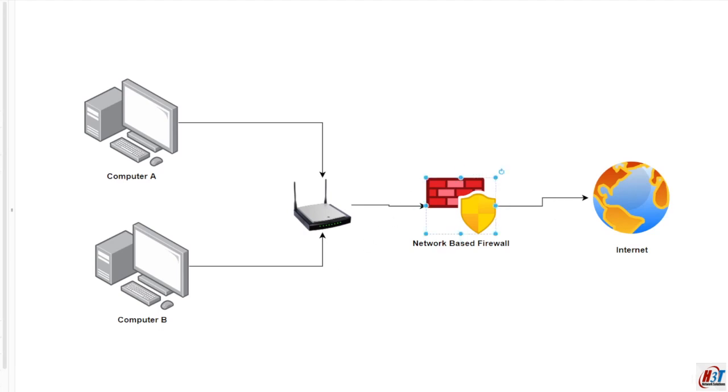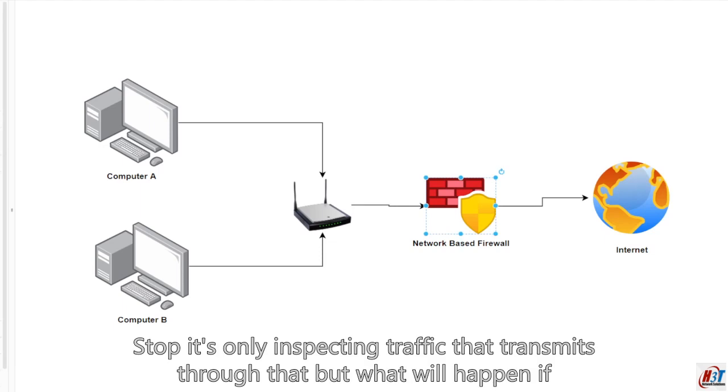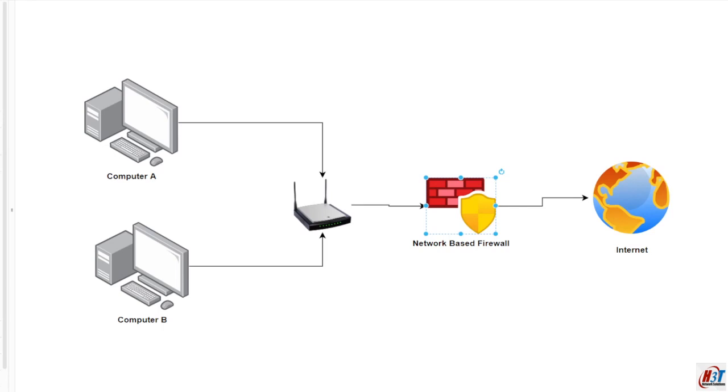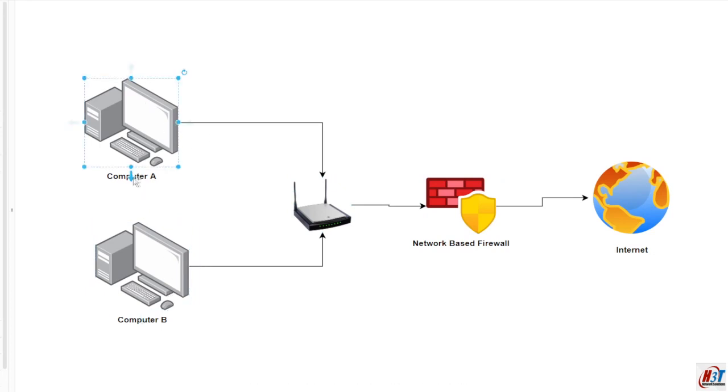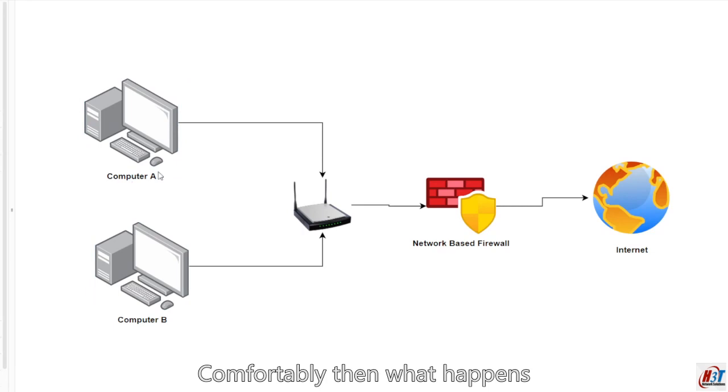It is only inspecting traffic that transmits through it. But what will happen if computer A is compromised and attacks computer B?